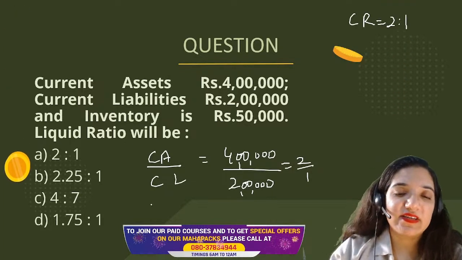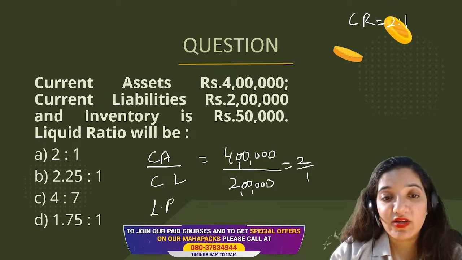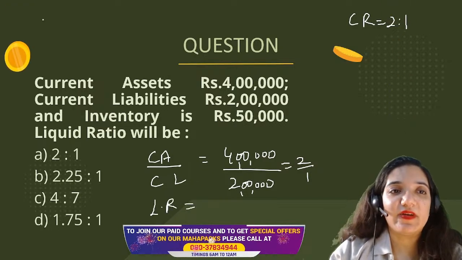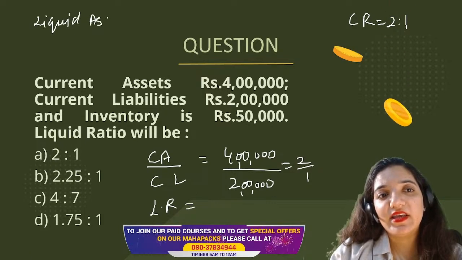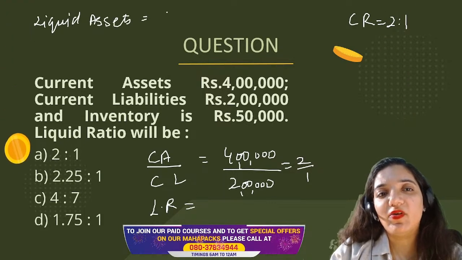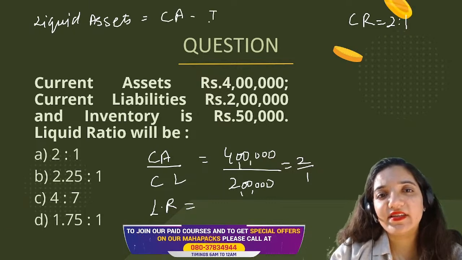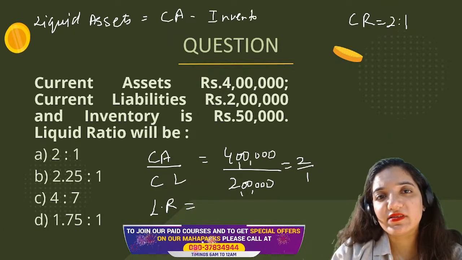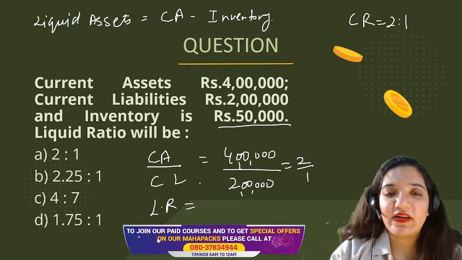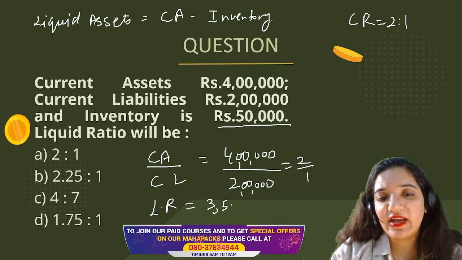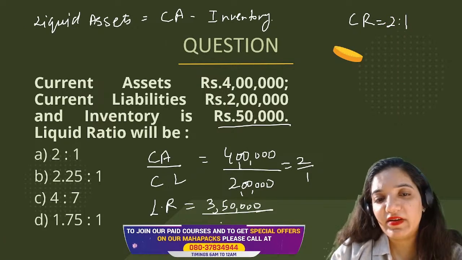Now they are also asking you about what is the liquid ratio. Under liquid ratio, we have liquid assets. What is the formula for liquid assets, everyone? In the liquid assets, we take all the current assets minus our inventory. Inventory is of 50,000 rupees. So from 4 lakh, remove that 50,000, it is 3,50,000 divided by 2 lakh.